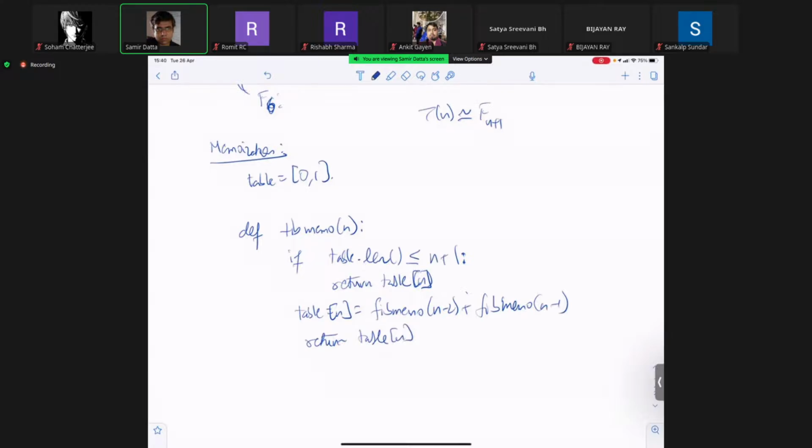Is this correct? Do people see what is happening? Will this work firstly? Maybe this will not work. Let's say t is equal to this.